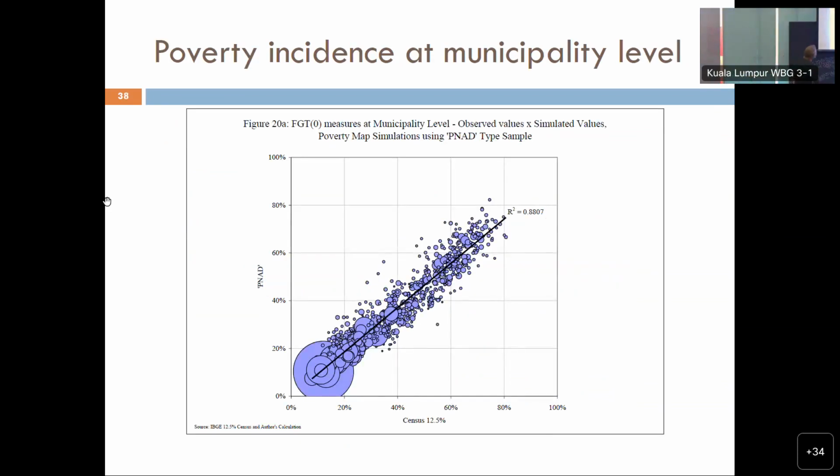So this is what that scatter plot shows you. This is the poverty rate observed in the census using the actual observed income data, and this is the poverty rate predicted using this small area estimation technique. The size of the dot is the population size of the small area, so the municipality. Municipalities vary in population size.